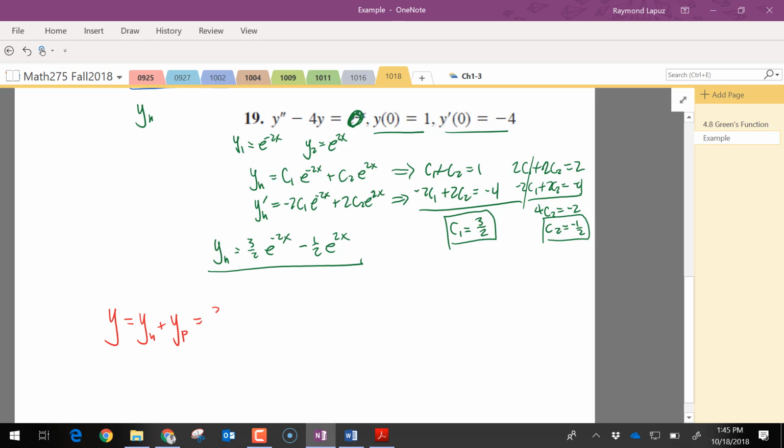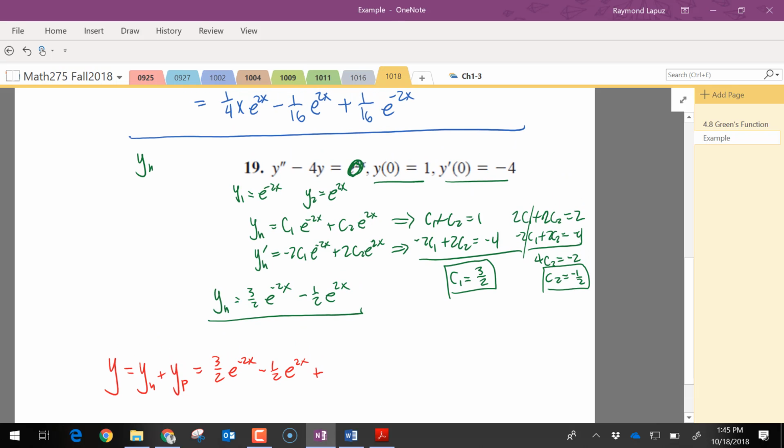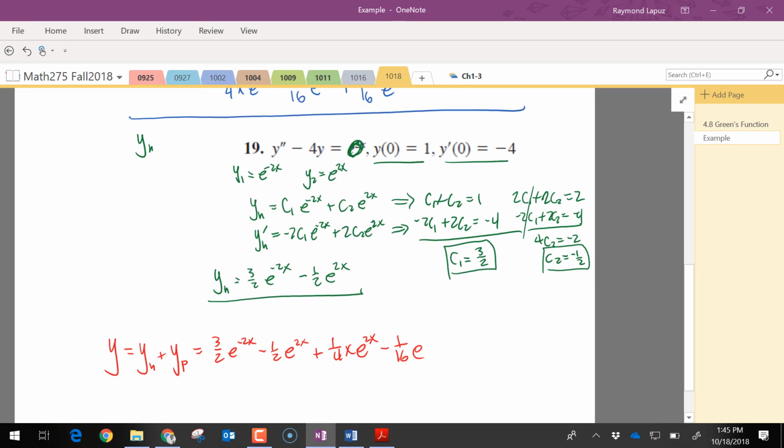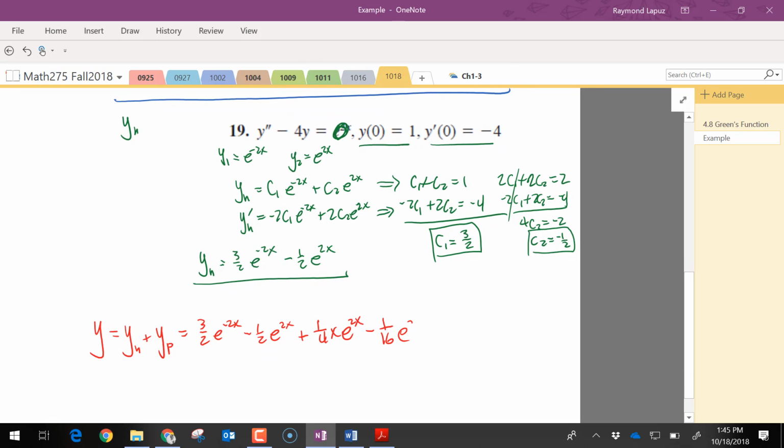So we get 3/2 e to the minus 2x minus 1/2 e to the 2x plus y sub p that we just found earlier, 1/4 x e to the 2x minus 1/16 e to the, that's a negative, that's positive, 2x plus 1/16 e to the negative 2x.